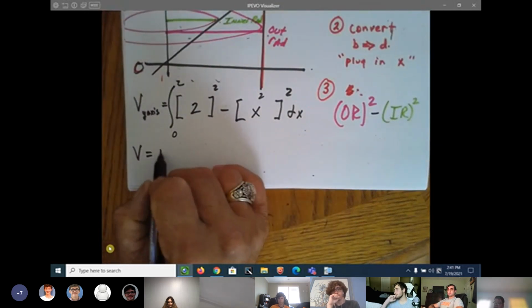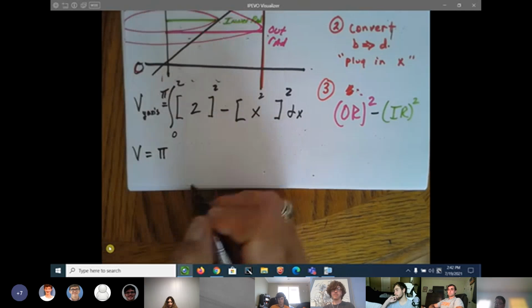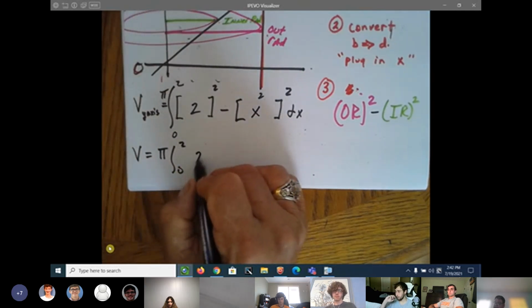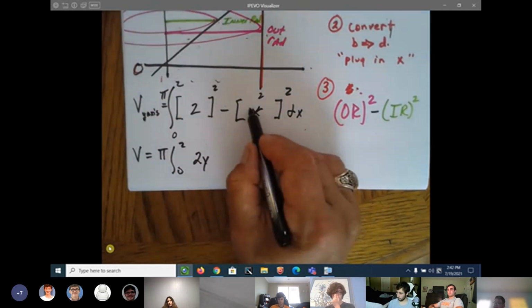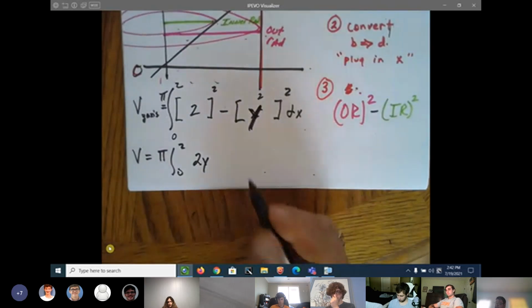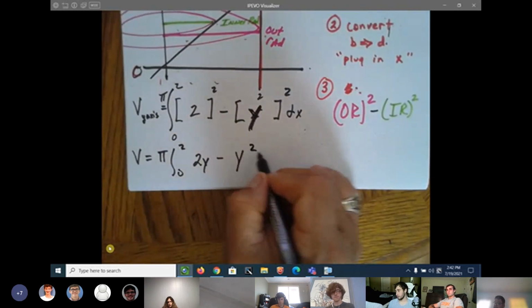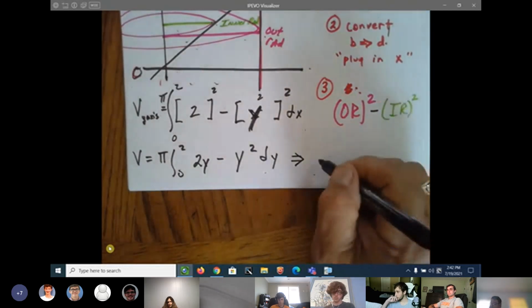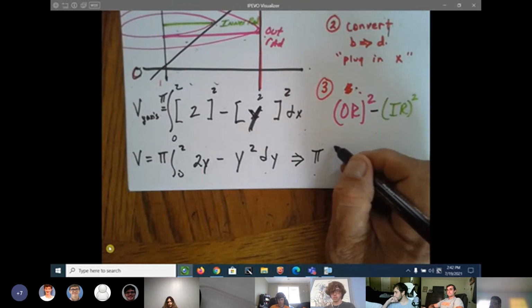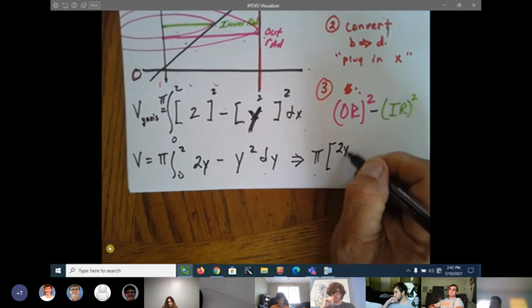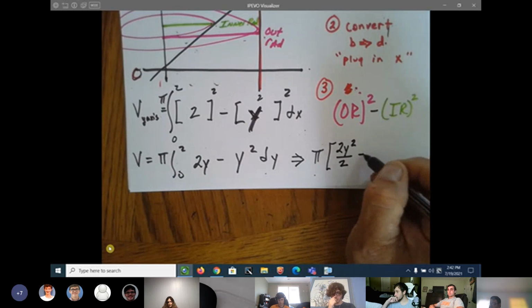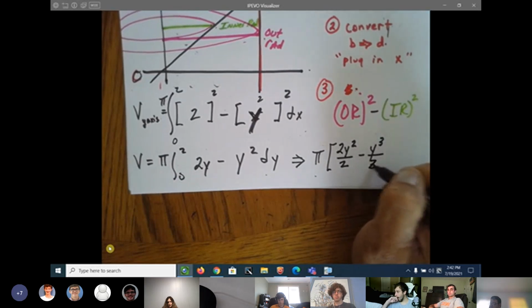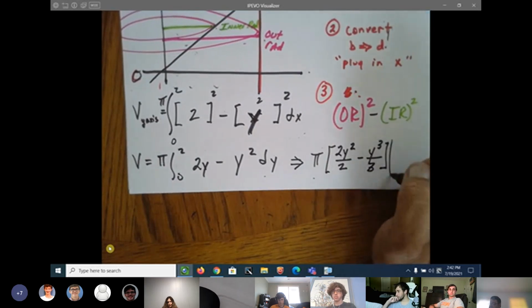V is equal, oh, don't forget the pi, from 0 to 2 of 2y, that's supposed to be y also, minus y squared dy. And that's going to be pi times 2y squared over 2 minus y to the third over 3, evaluated at 0 and 2.